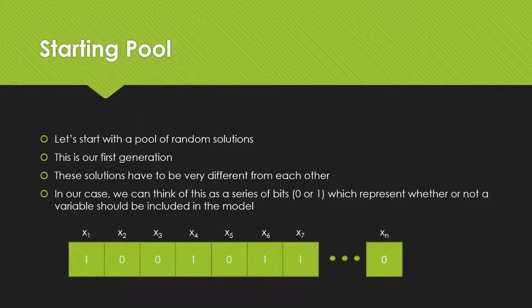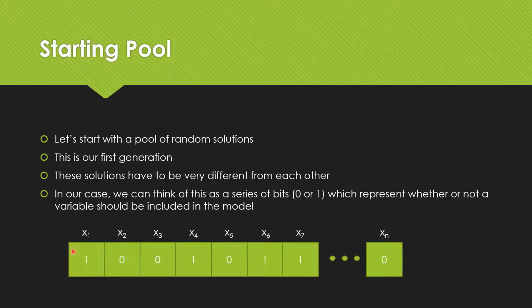First, we're going to start with a pool of random solutions. And what do I mean by solutions? Essentially, I mean a series of bits, which are either ones or zeros, to represent whether the variable that you can include in your model will be included. So say you had 200 different variables you wanted to choose from.